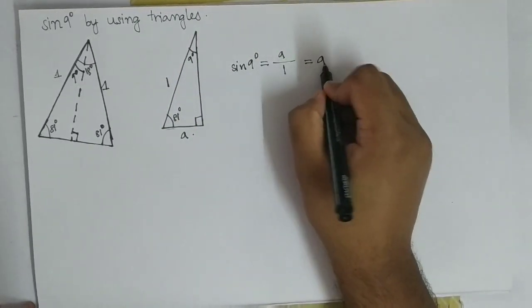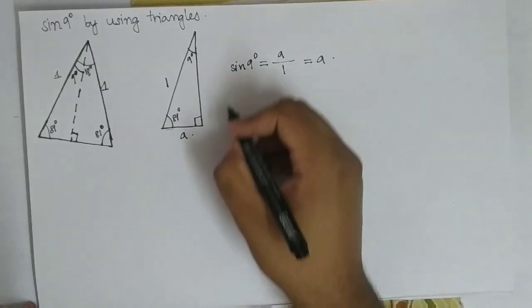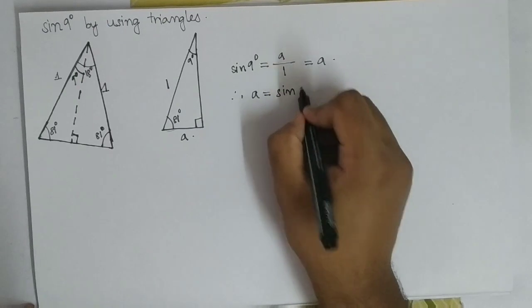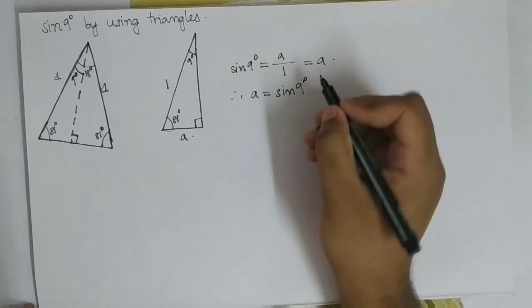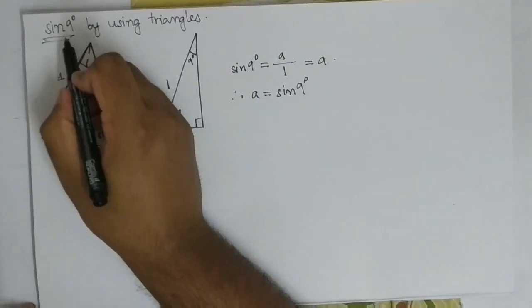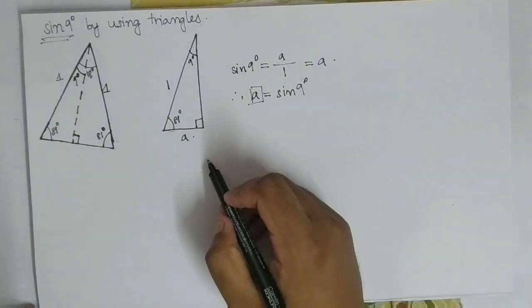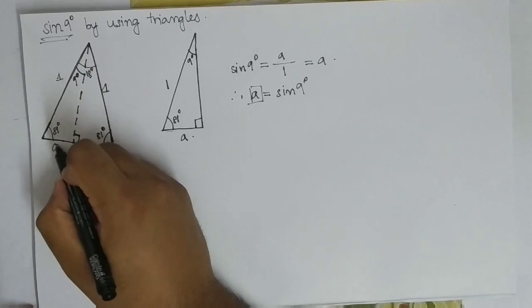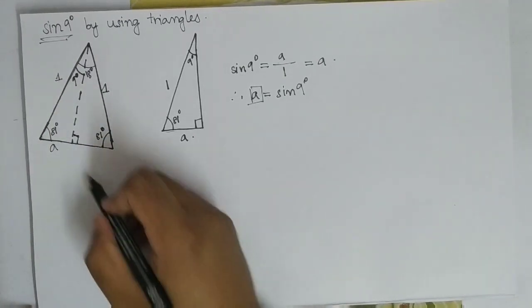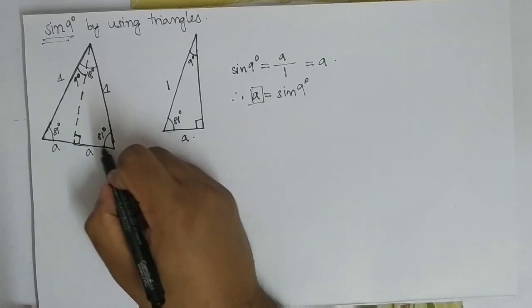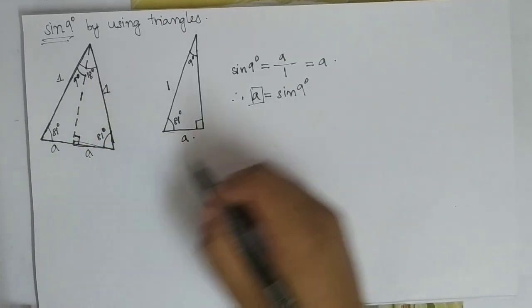So it's equals A. So therefore I get A is equals sine of 9 degree. Here, since I am going to evaluate the sine 9 degree, it's enough that I evaluate A. So this is going to be our A. Similarly, this side, this length is also A units.